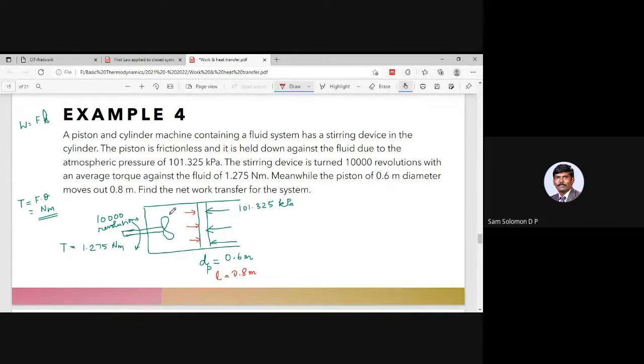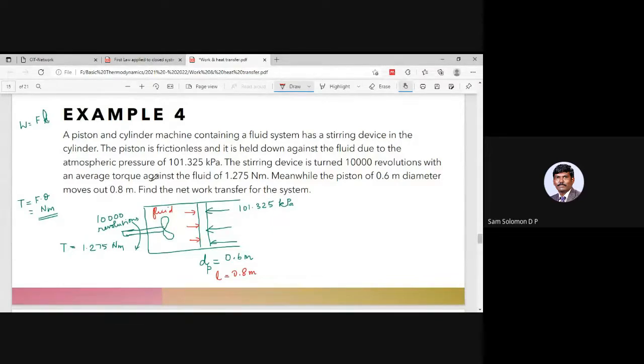Okay, are you able to understand the problem? So I have a cylinder piston arrangement, and here there is some sort of a fluid, and there is a stirrer, and that stirrer is rotated by some mechanism. If you look at the book, they have shown it in the form of a weight which is attached to a pulley. It can be anything. Maybe you are using a motor to stir it.